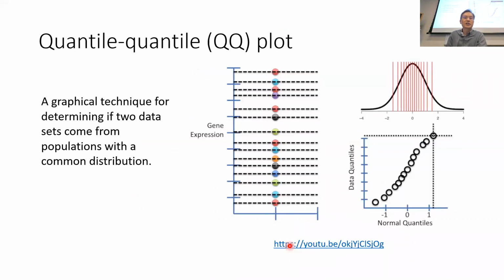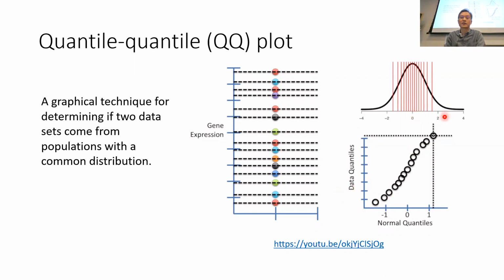I will mention the quantile-quantile, QQ plot. In this case, you have a distribution, and then you have data points sampled from the distribution. On one axis, you put the rank, and on the other, you put the value.